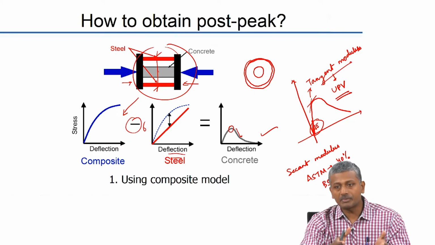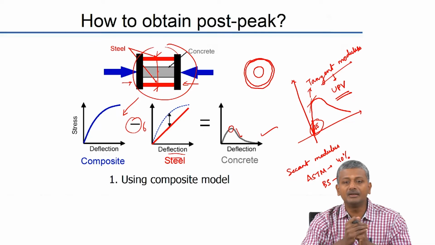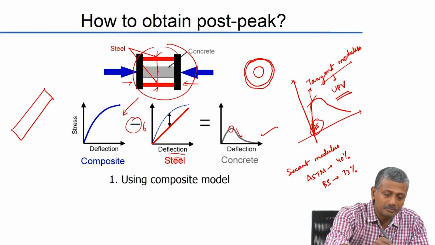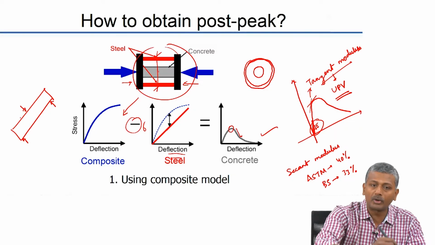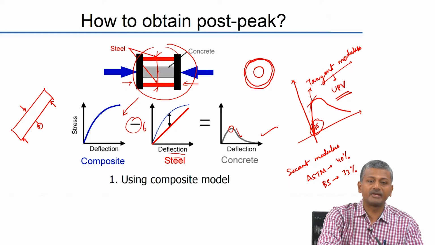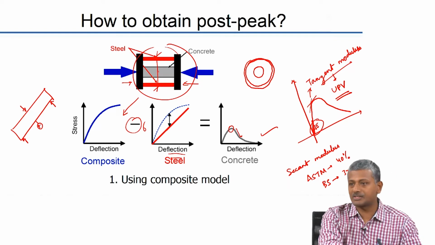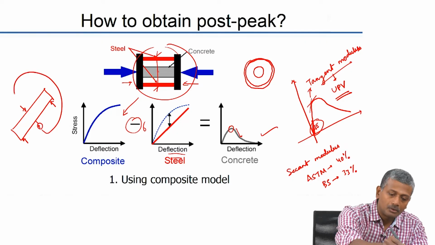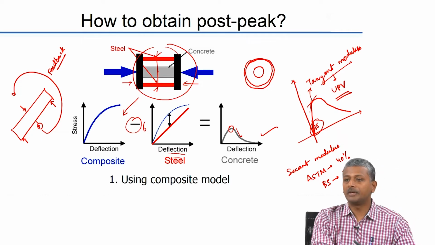So, sometimes people do the same experiment in flexure. So, what they do is they have this beam which is subjected to either a midpoint load or a third point load, okay, and then they monitor the deflection. They monitor the deflection at the midpoint, because that is where you will get maximum deflection, right, and then this deflection serves as feedback to control the rate of loading of your beam.